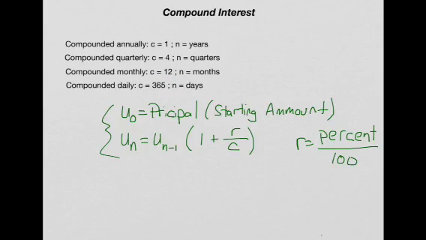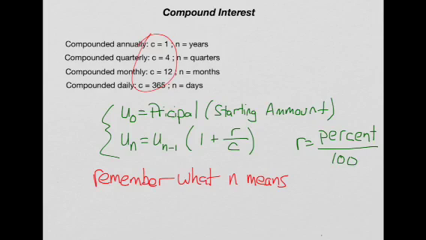No matter which way we're doing this, we still come down to u sub 0 being your principal. Principal is the amount of money you start off with. It's just a financial term they use for that. U sub n is your u sub n minus 1 times 1 plus your rate divided by c, and c is how many times you compound in a year.